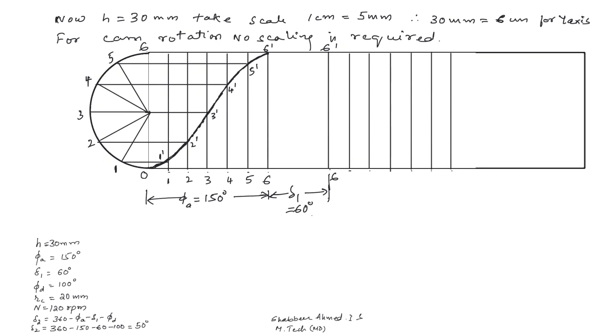Now from 6 you start the numbering 7, 8, 9, 10, 11 and 12. Okay, now for constant velocity we know that you have to just join the opposite corners here like this.